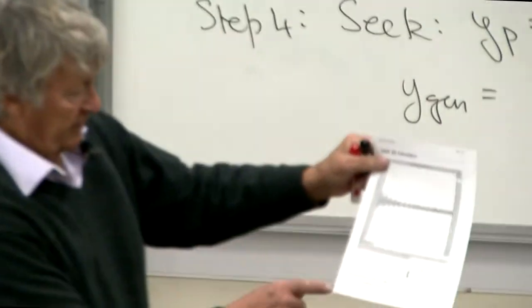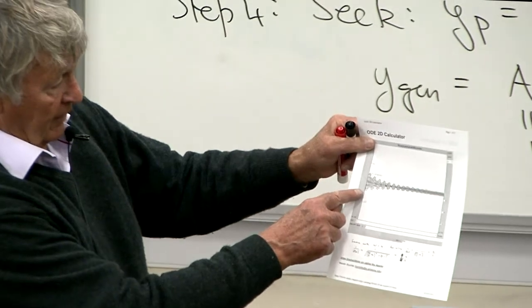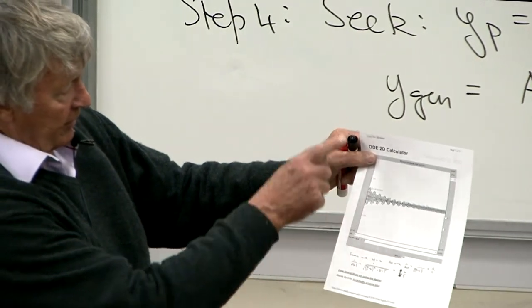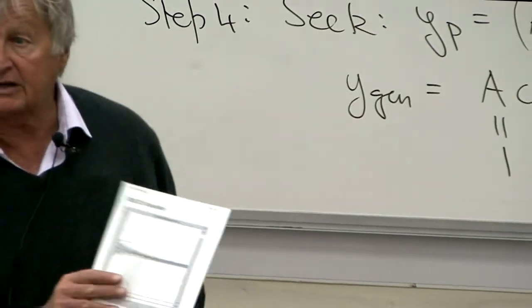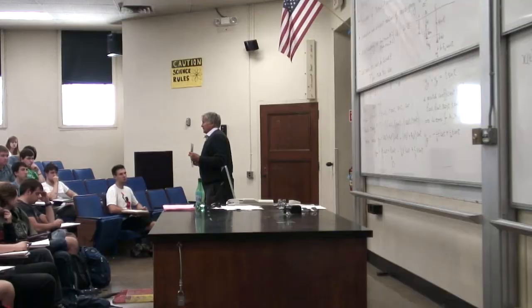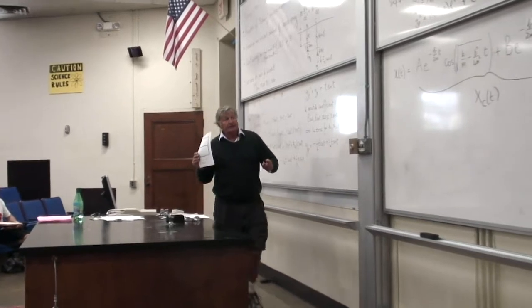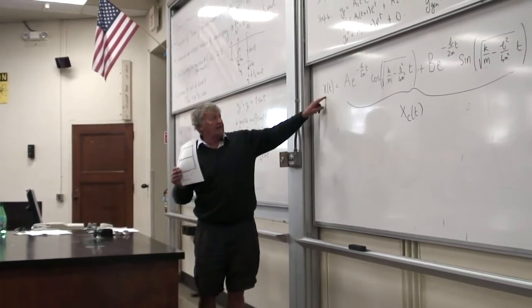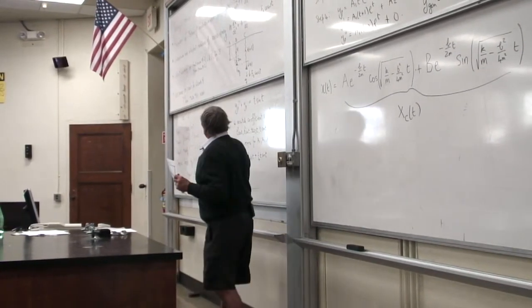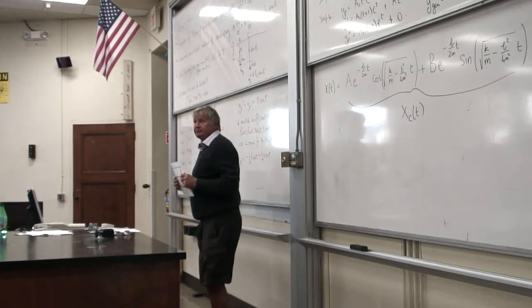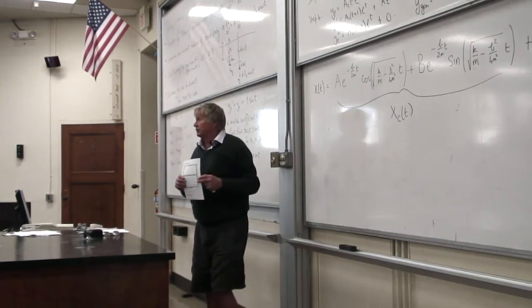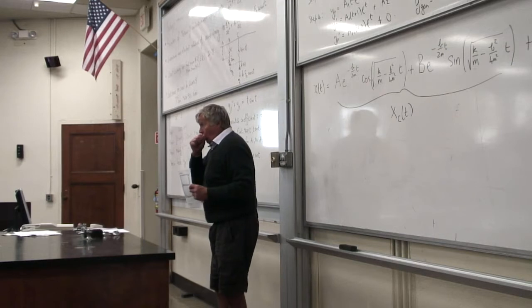This is a situation where you see the complementary function with the free constants a and b, so that you can satisfy the initial conditions on x of 0, the initial displacement of the spring, and the initial velocity of the spring.